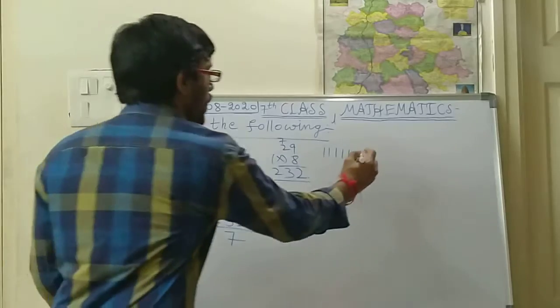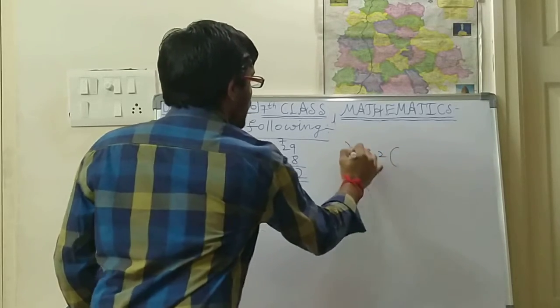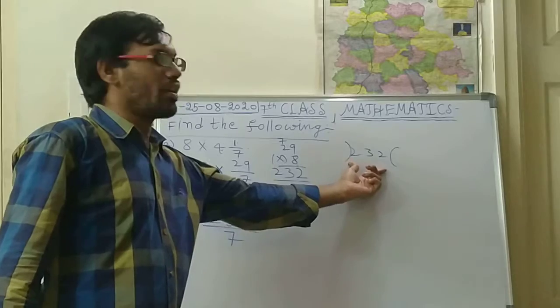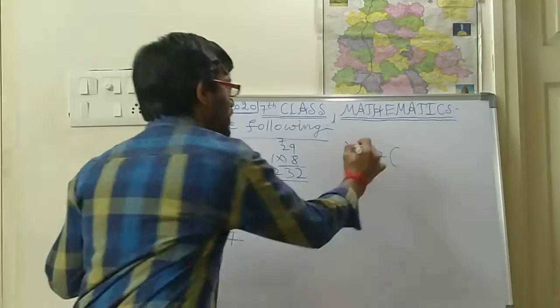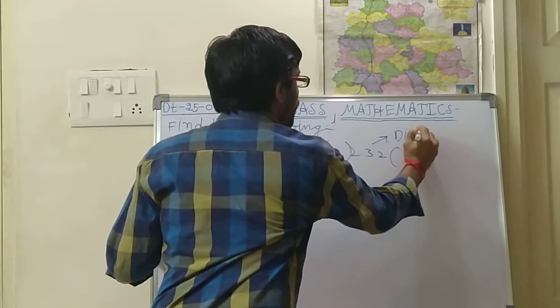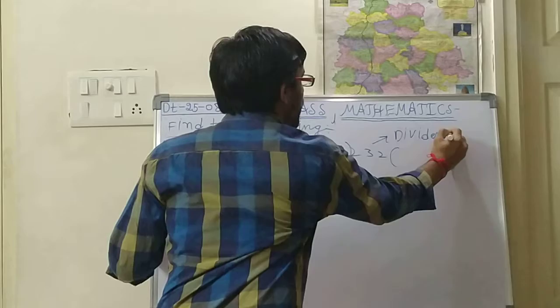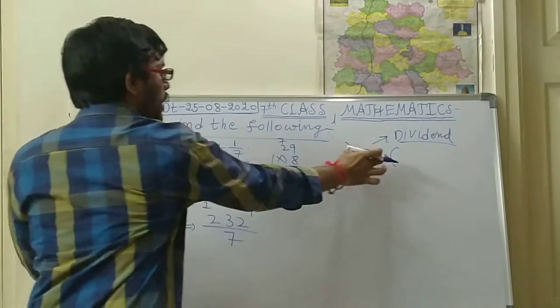So 232 by 7. Now you should convert this into a mixed fraction. How? You should do the division. 232 is the dividend. The number in the middle, inside the bracket, is the dividend. The numerator will be the dividend.